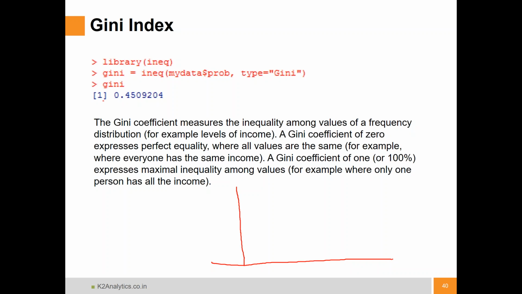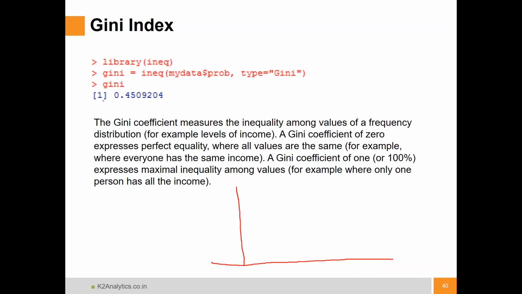Is there a way by which I can find out how much inequality there is? Today, the extent of inequality is that the richest 50, 60 people in the world own 50% of the world wealth. That's the kind of inequality.